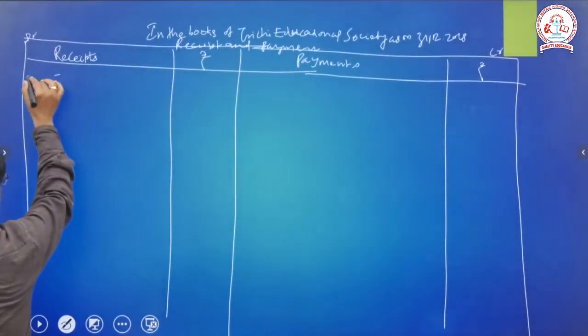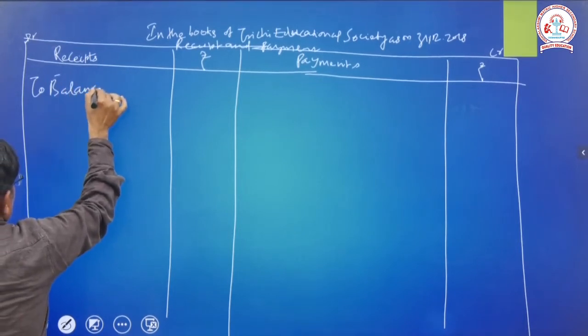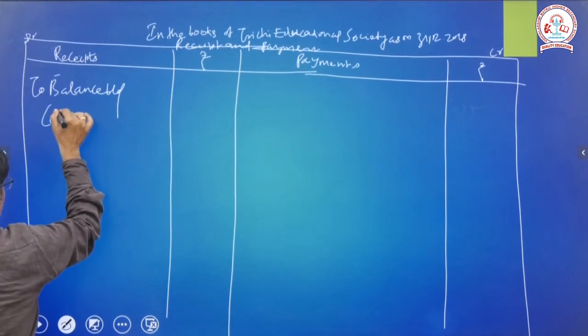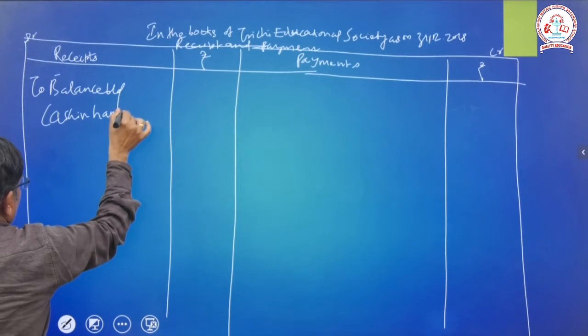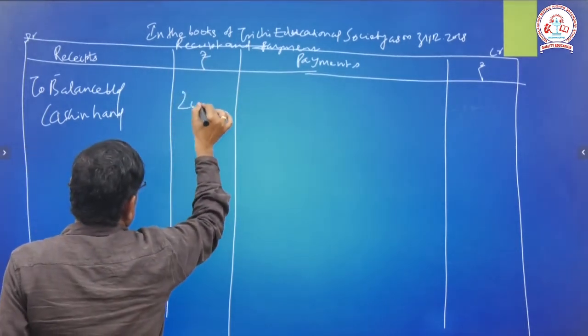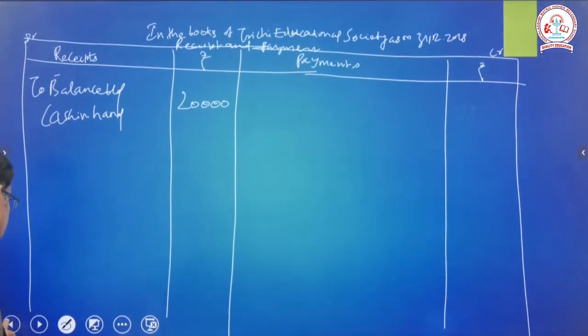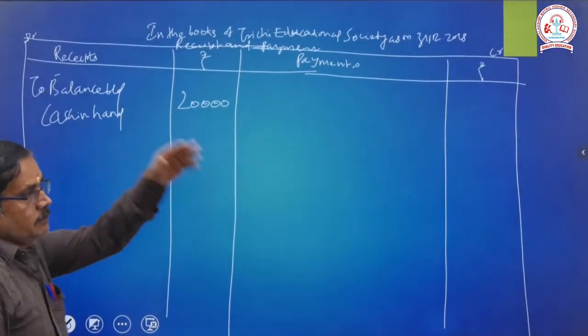So write the name here, to balance b/d, cash in hand 20,000. Right. Next, investment made. It is on the payment side.